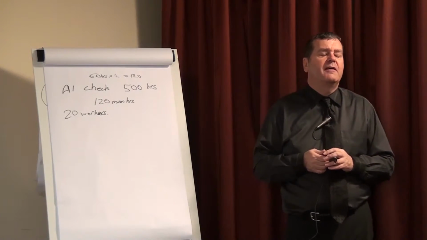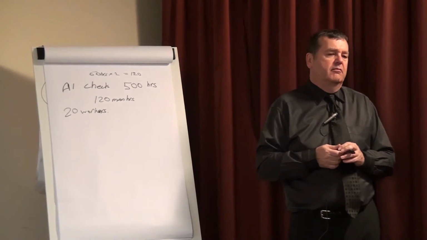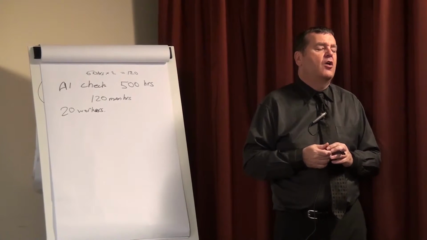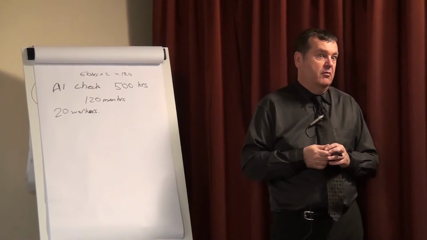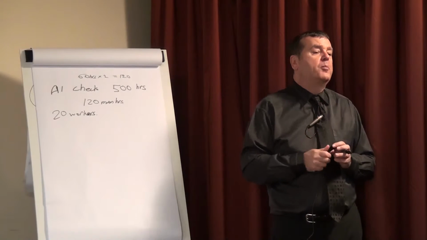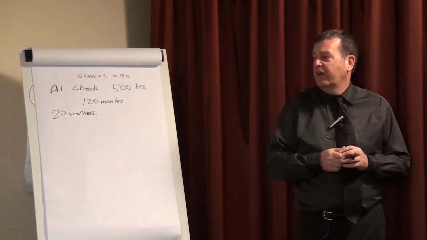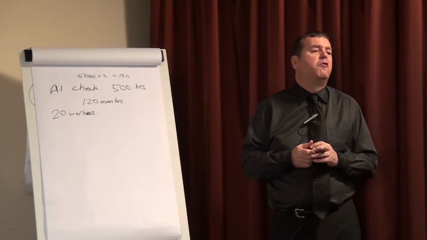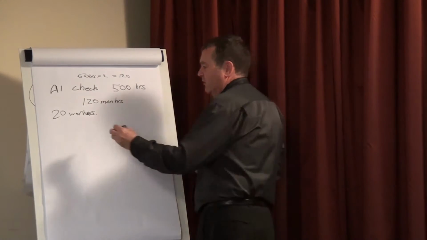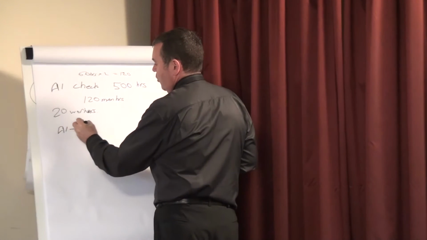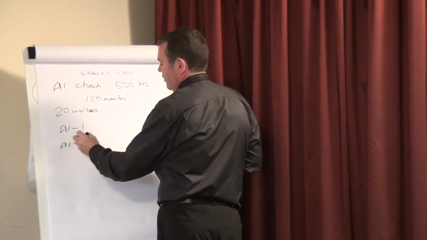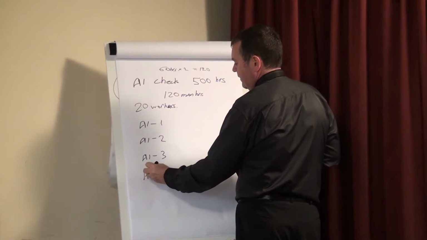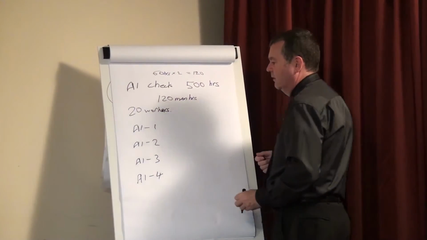And we say, okay, we want to do it in a different way. Instead of doing that, I want to have a check with less hours, because I want to do it with fewer people. So we say, okay, we're going to split this check into 4, and we're going to call it A11, A12, A13, A14.